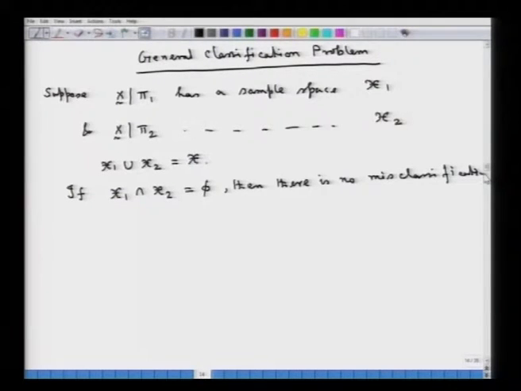However, for all practical purposes, what we usually observe is that this intersection region is not equal to phi, and there is a possibility of misclassification.